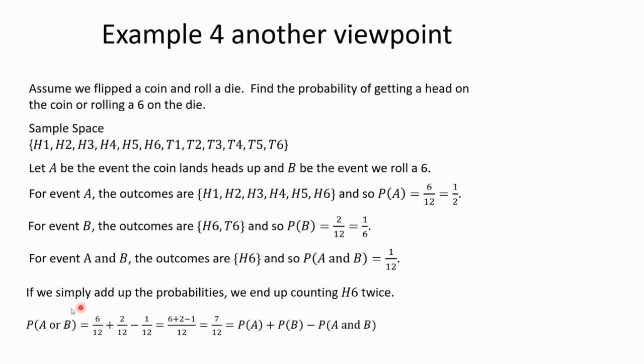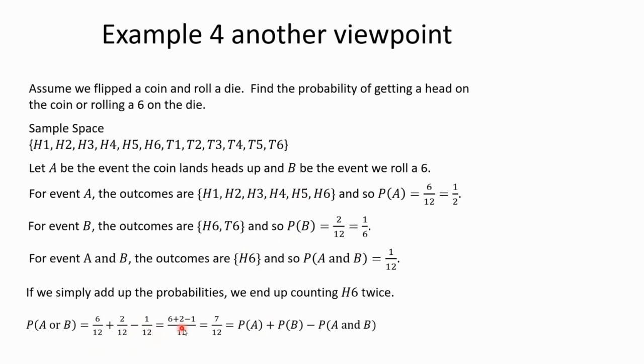So again, if you were just to add up the number of outcomes in A and the number of outcomes in B, you would see that you're counting what's in both more than once. That's why you have to subtract. If we use the formula, we have probability of A, 6/12, probability of B, 2/12, and probability of A and B, minus 1/12.